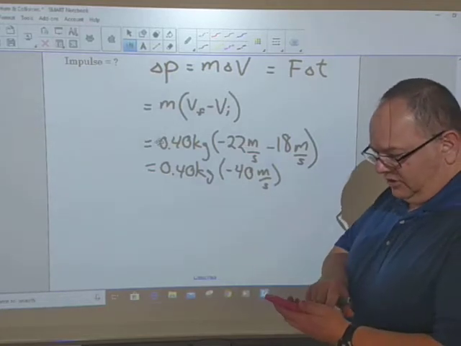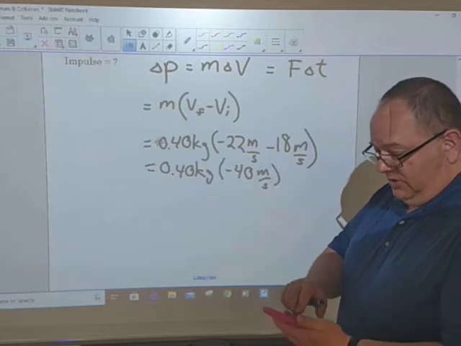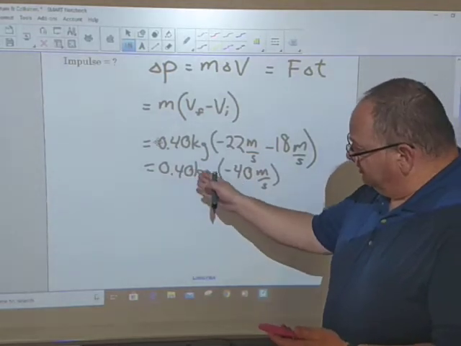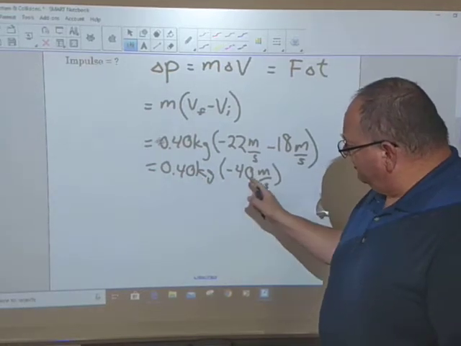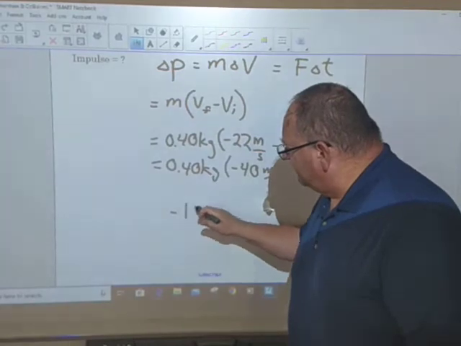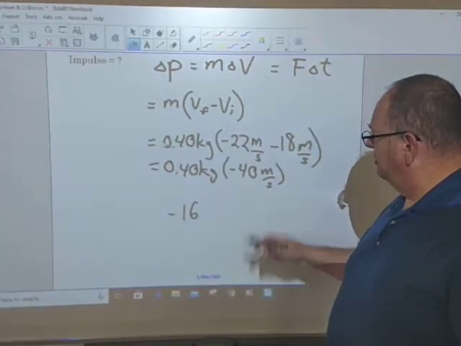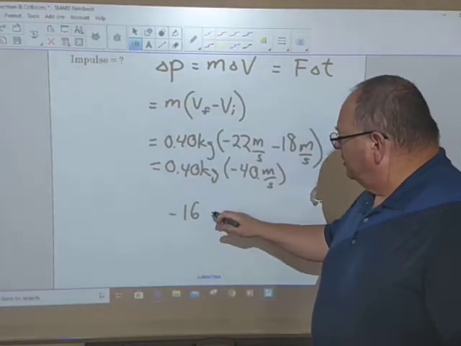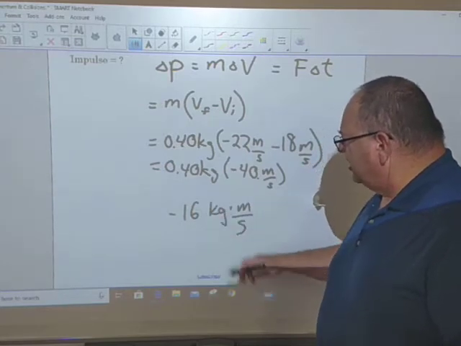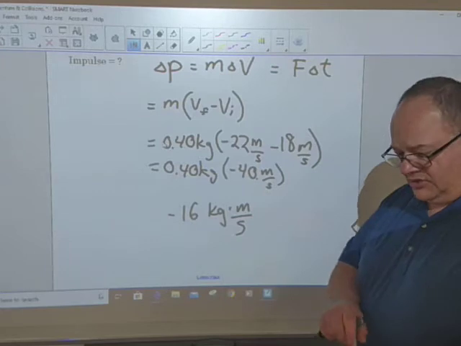I'm going to use my calculator because maybe my mental math is off. Yeah, I can move the decimal point one place that way and one place that way, and I got 4 times 4. Negative 16 kilograms times meters per second. None of those labels cross off.